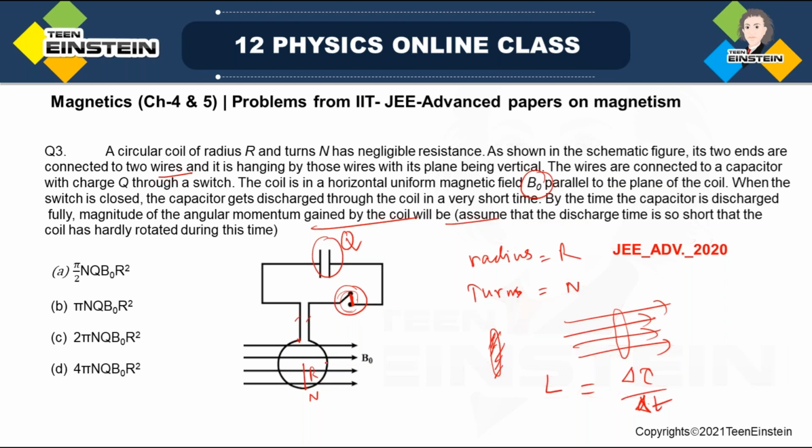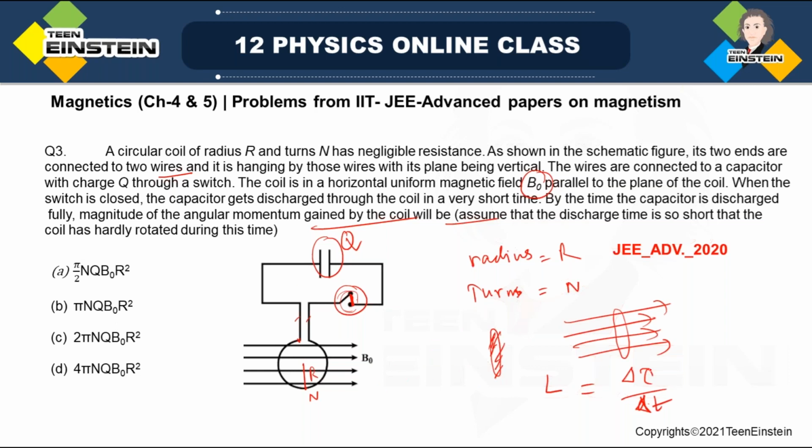As current flows through this, there will be a torque acting on the coil. And what is this torque? How do we find that torque? We'll see that.